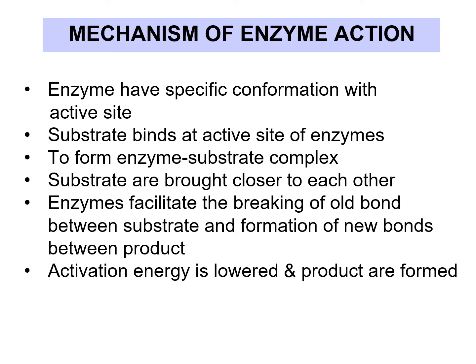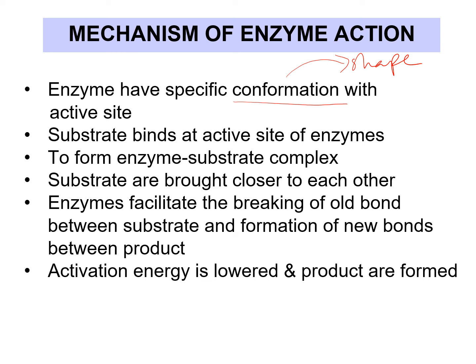Mechanism of enzyme action. This is based on the specific conformation of the active site. Conformation has a similar meaning to shape. Enzyme has a specific shape with the active site, where a specific substrate will bind at the specific active site of the enzyme to form enzyme substrate complex.